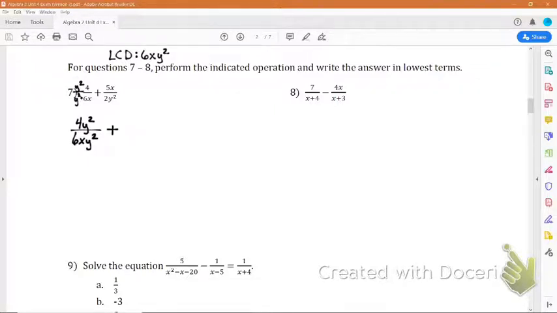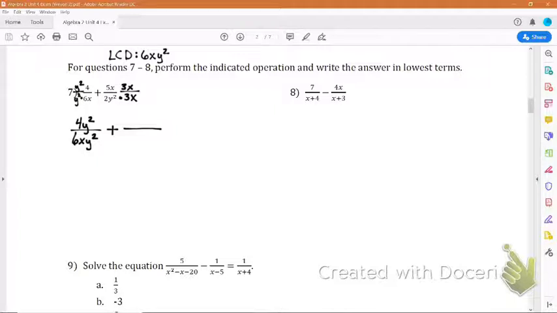Plus your second fraction. For my second fraction, what do I need to multiply 2 by to get 6? 3. What do I need to multiply my y squared by to get xy squared? X. So the second fraction is getting multiplied by 3x on top and 3x on bottom.